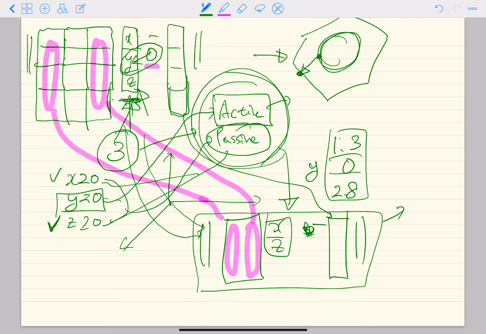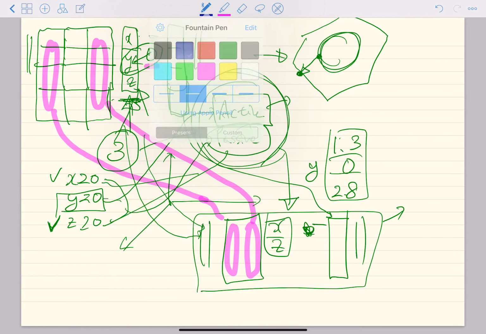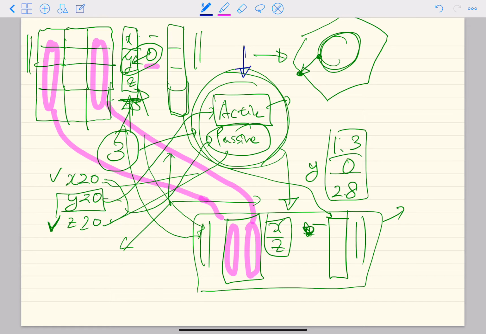So in that case, what's the problem? The problem is, we do not know which variables are in the active and passive sets, right? Because which one is active or passive is determined only based on the final solution, the true optimal solution. But we don't know the true optimal solution, right?